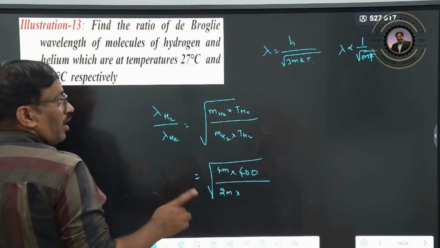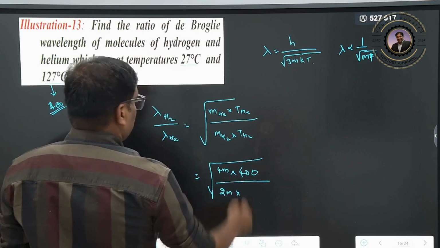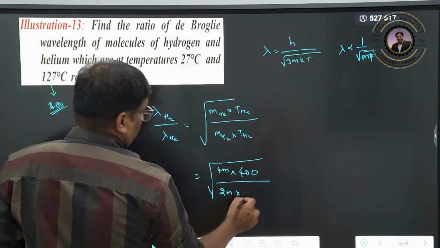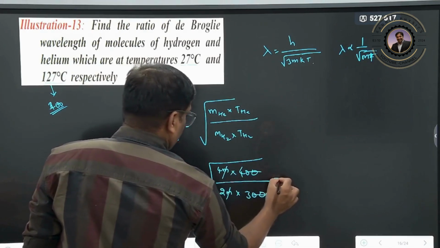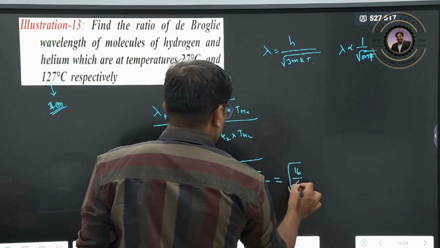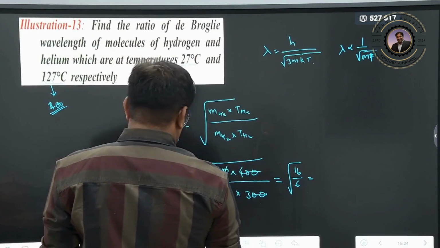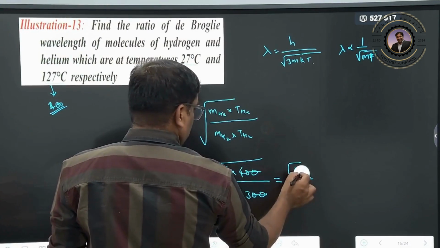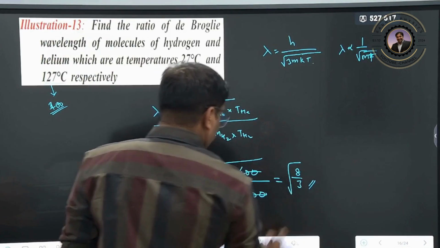For one hydrogen, one proton, like that 2 hydrogens, 2 protons. And temperature of this one is 300. Therefore it gets cancelled out. So here root 16 by 6, or it will be 2 root 2, therefore you can write it as 8 by root 8 by 3.